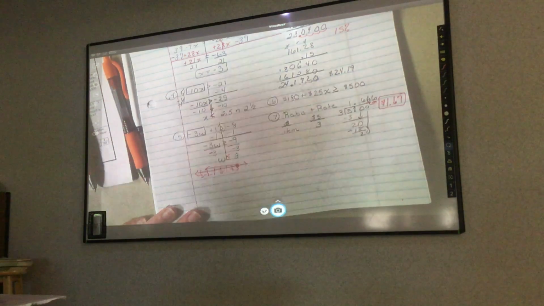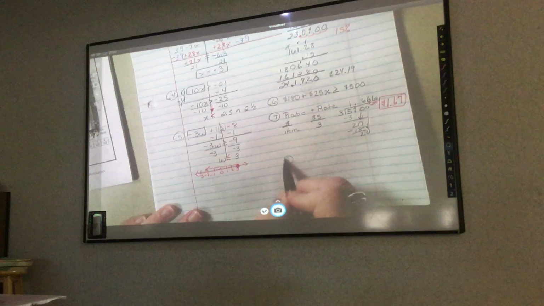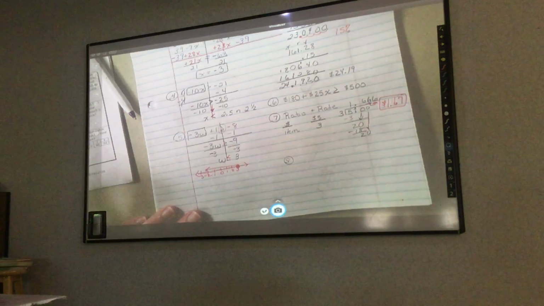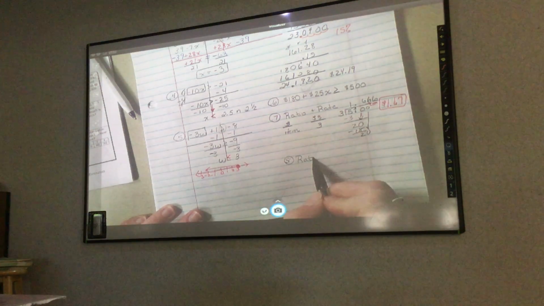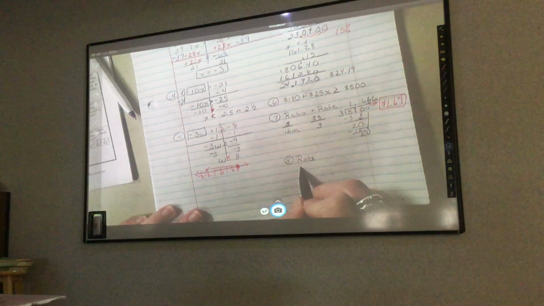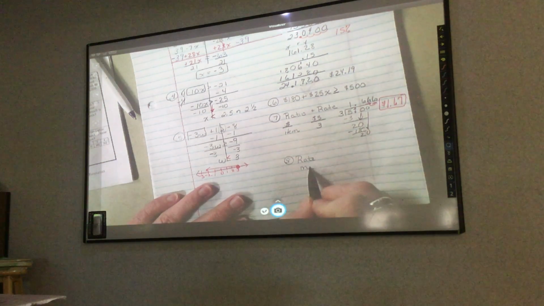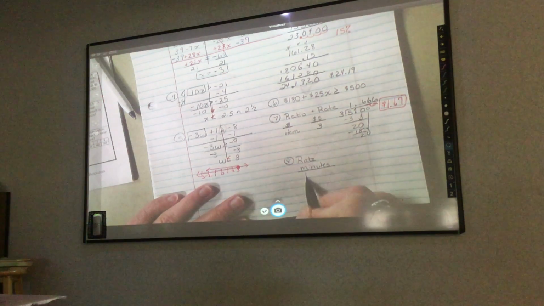8. Based off the table below, how long will it take to mow 1 lawn? So again, we're trying to find the rate. And then we want to know the rate, so I want you to write this, it's minutes per lawn.